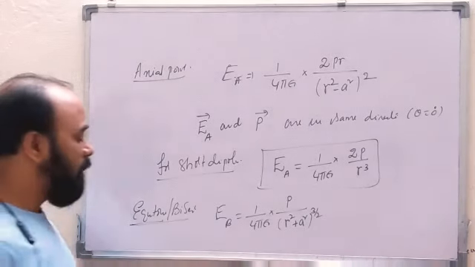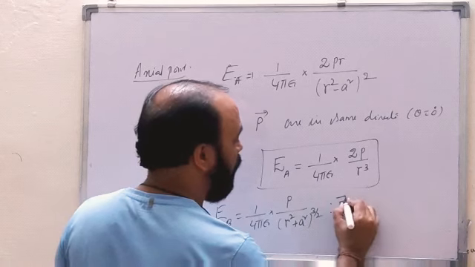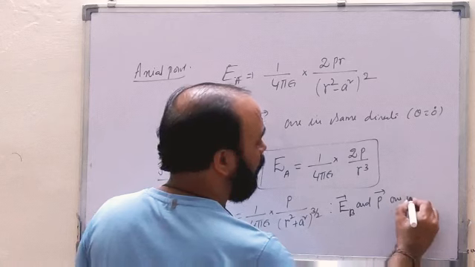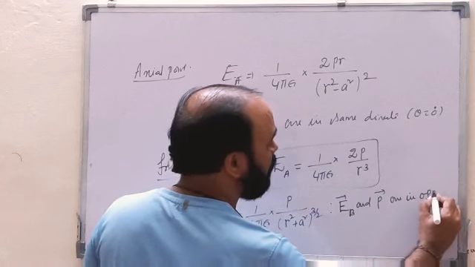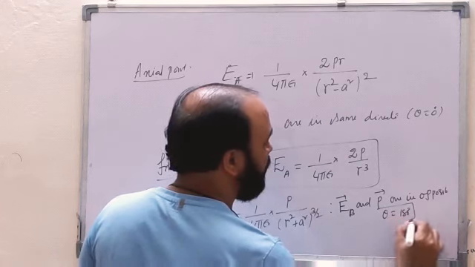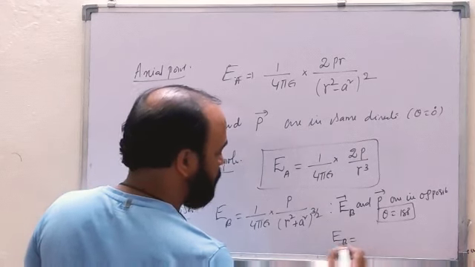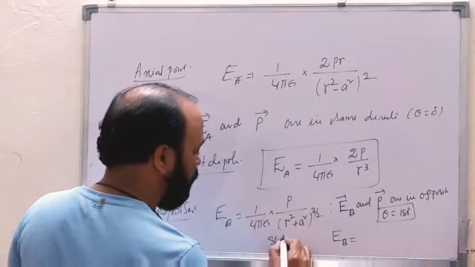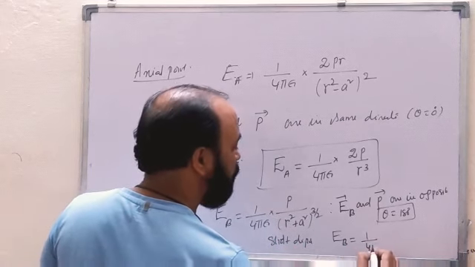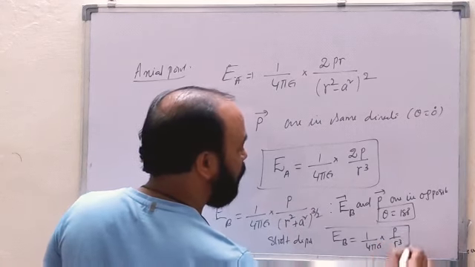See here EB bar and P bar dipole momentum are in opposite direction, so theta is equals to 180 degrees. For short dipoles, EB is equals to 1 by 4 pi epsilon naught P by R cube.